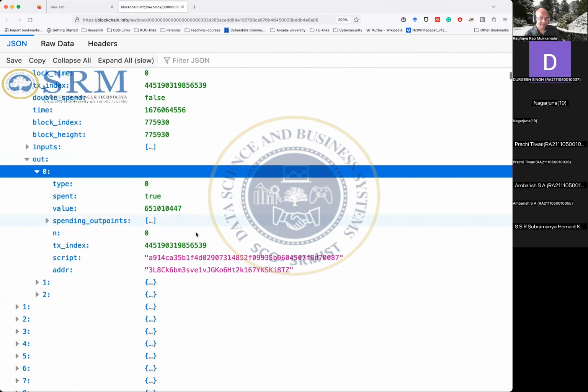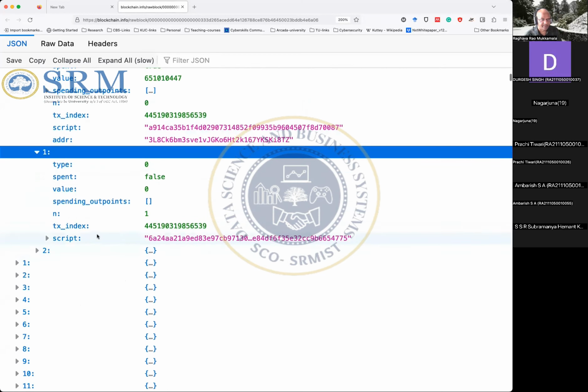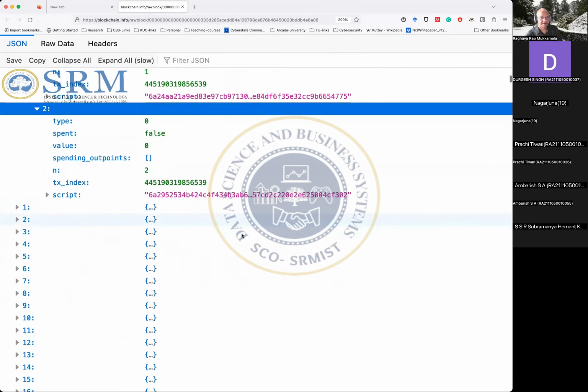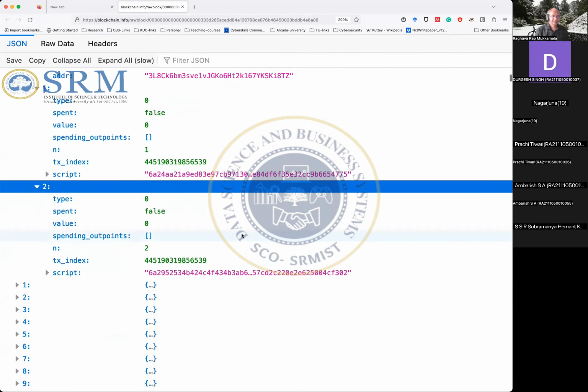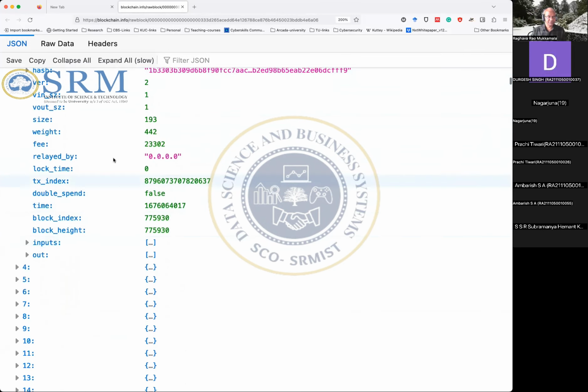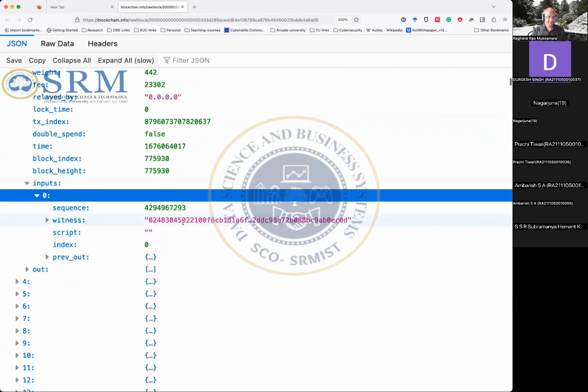The first coin is created with a value of this much, and the value is 0, so this might be some kind of create coin transaction. We can also look into the other things. So here we have one input and one output, so basically the same format which we have.